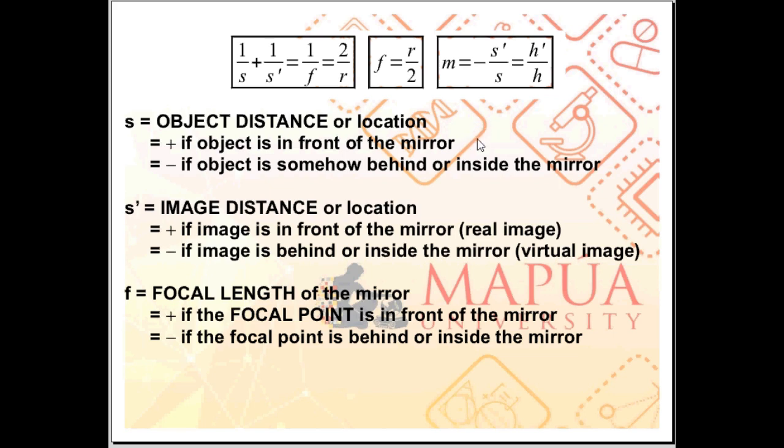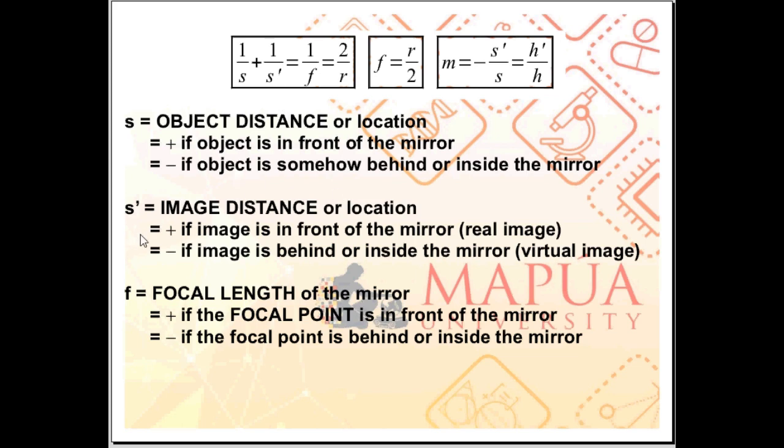For the most part, S is positive because in front of the mirror is where you will usually find the object. But in some instances, the object is behind or inside the mirror. For this case, S is negative. Note, we're talking about distance or location here, so the unit is a unit of length: meter, centimeter, and so on.